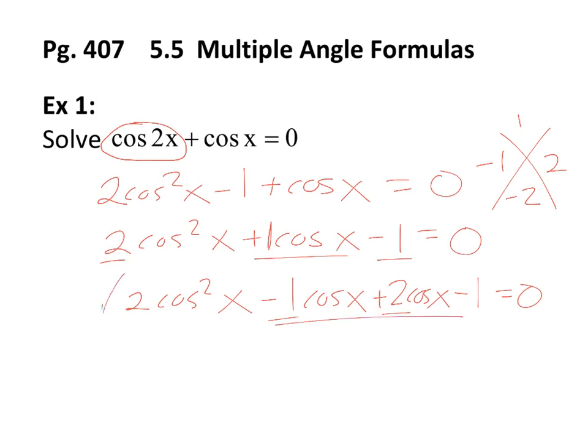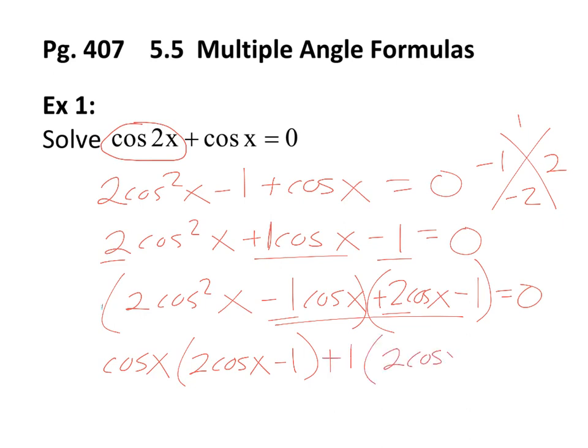Okay, now I can apply the grouping method. Alright, and I have this. I'm going to factor out a cosine x, leaving me with 2 cosine x minus 1. And I have plus 1 times 2 cosine x minus 1 equals 0.